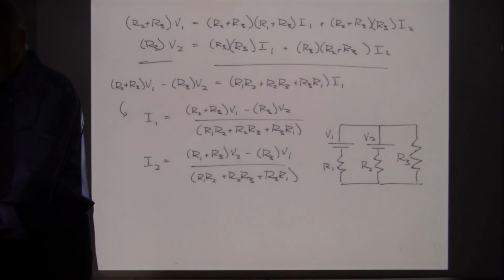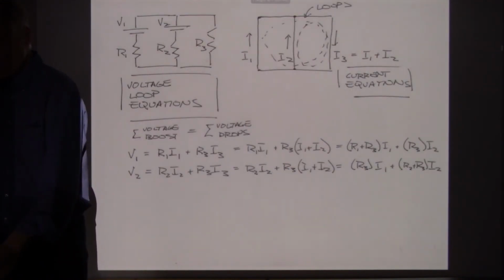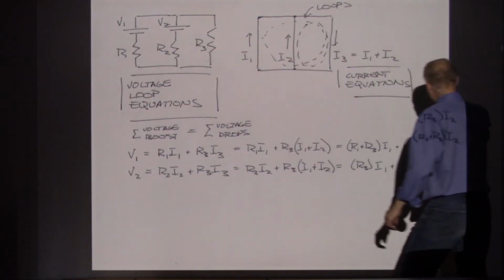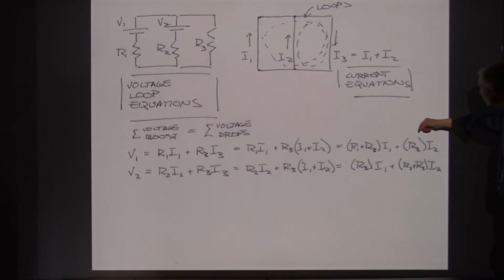And then what I'm going to do is take equation 1. What I'm going to try and do next is eliminate I2. Now I2 has a coefficient of R3, and I2 here has a coefficient of R2 plus R3.